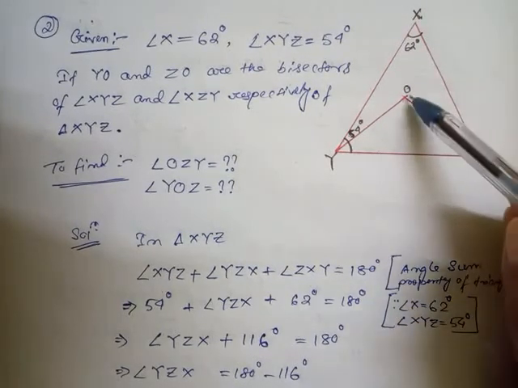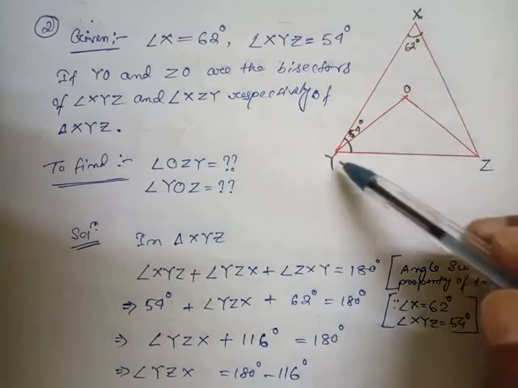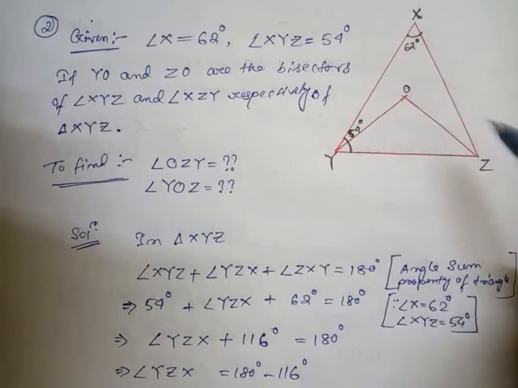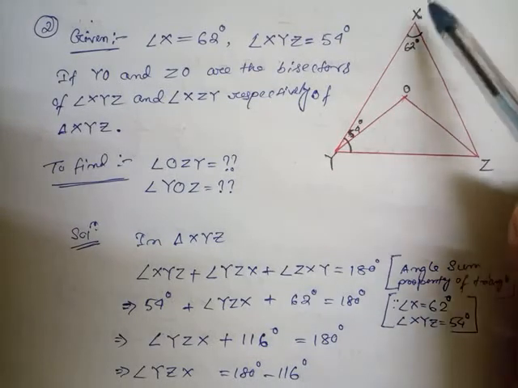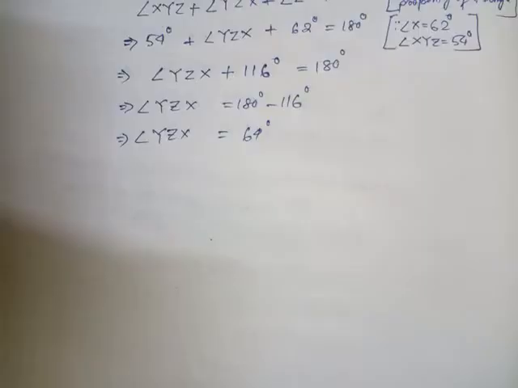And similarly here, OZ is the bisector of YZX. So student, OZY, this portion is half of the whole angle. Now we'll write down the same thing.